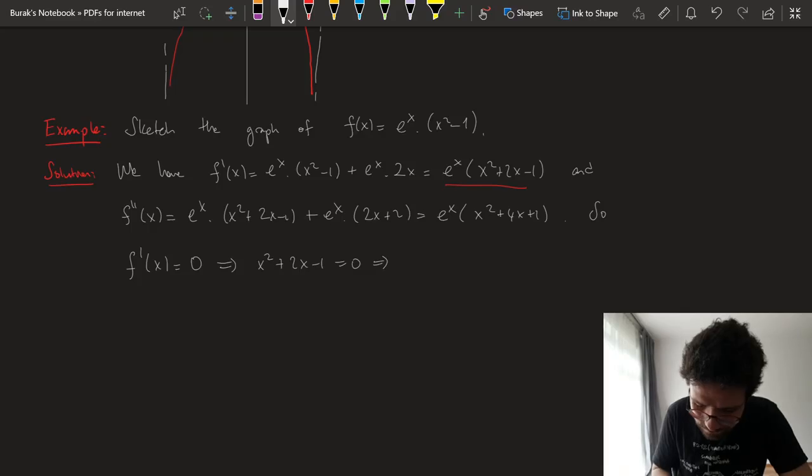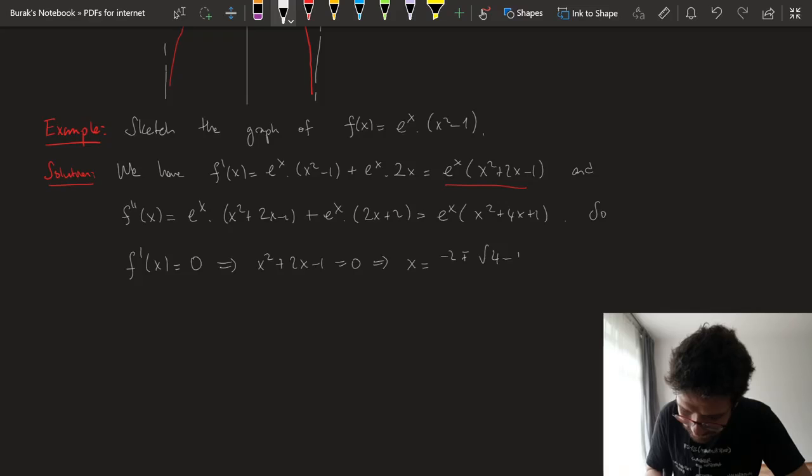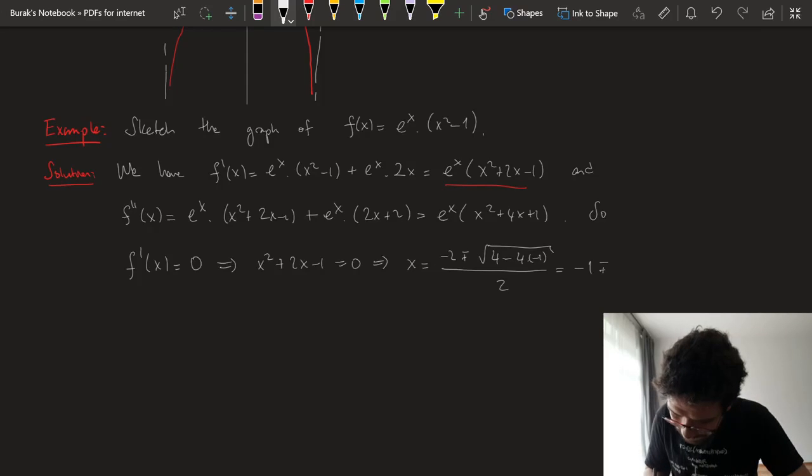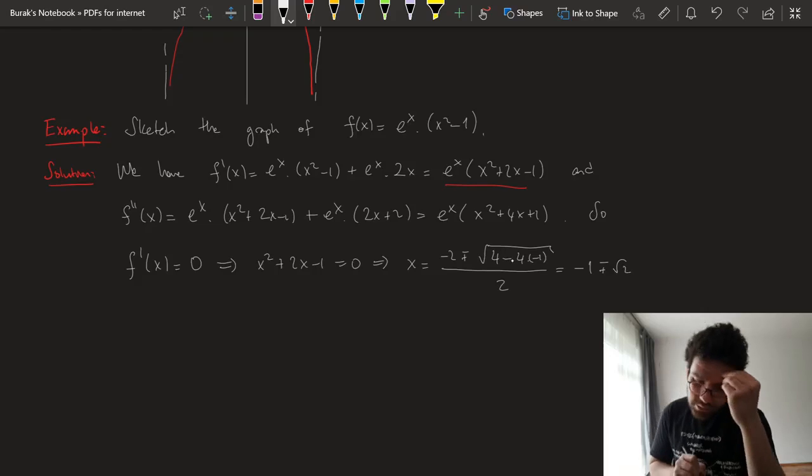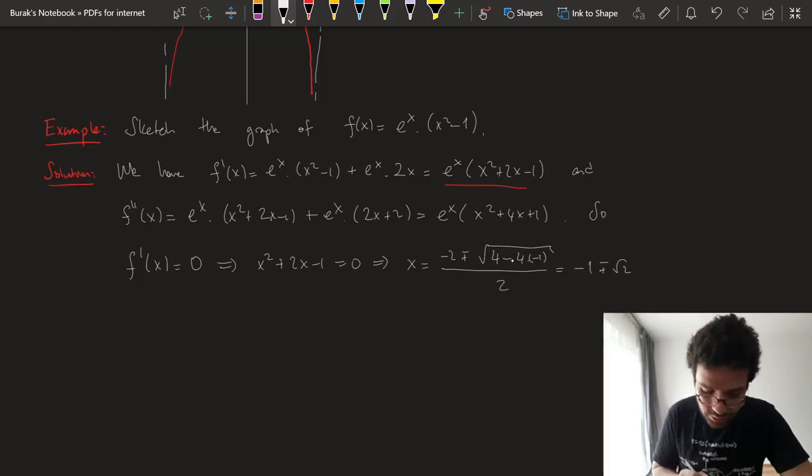So by the quadratic formula, x is minus b plus minus square root of b squared minus 4ac, divided by 2a. So it's going to be minus 1 plus minus, it is going to be 8, so it's going to be 2 root 2 divided by 2. Okay. So I have minus 1 plus minus root 2.